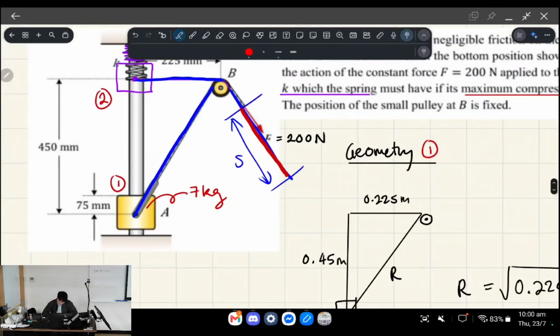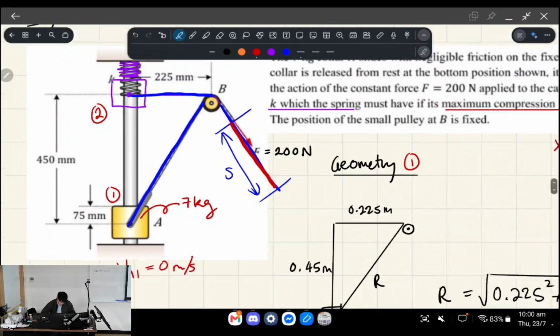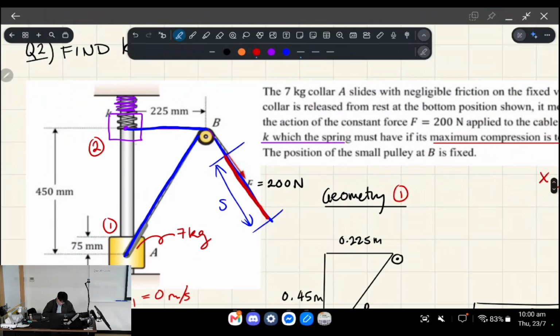So at the start, the collar is not moving, right? So velocity of the collar in state 1 is 0, right? What about in state 2? What speed is it moving at? The answer is it's not moving, okay?